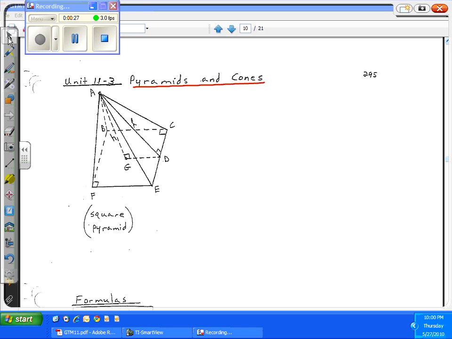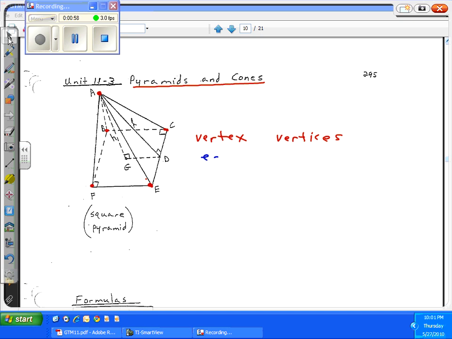Again, a point or a corner is called a vertex. More than one would be called vertices. We have 1, 2, 3, 4, 5 vertices in a square pyramid.